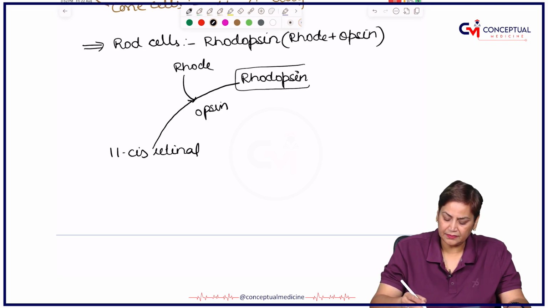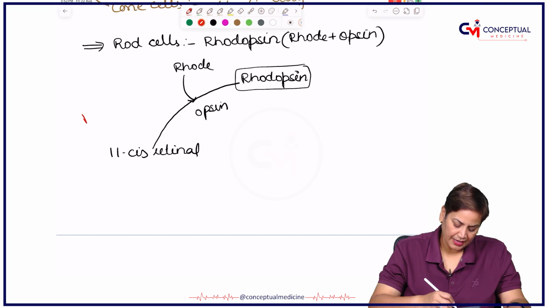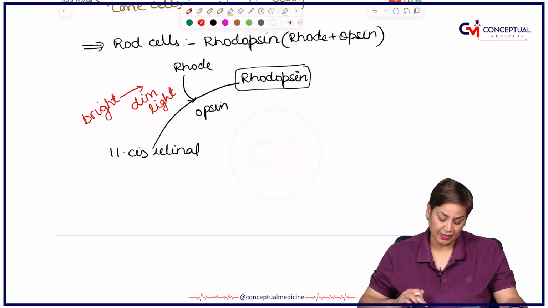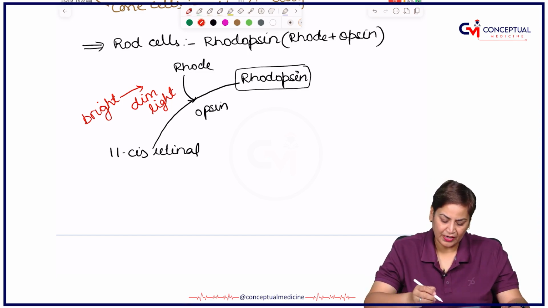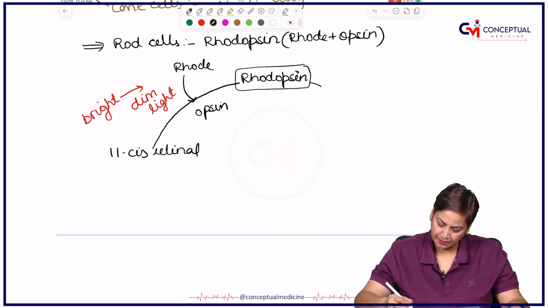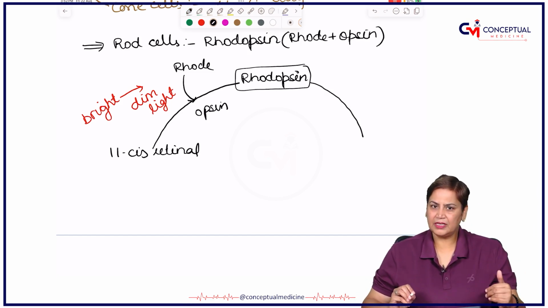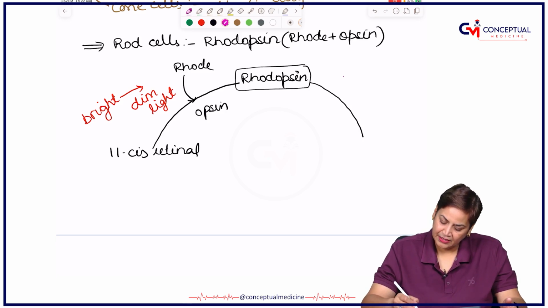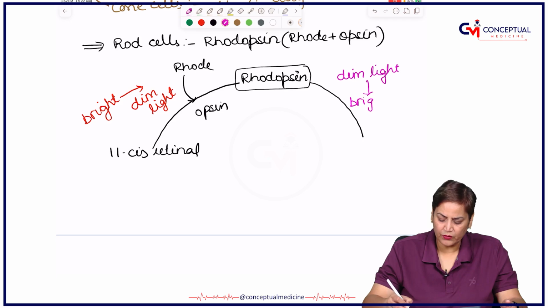So from bright to dim light, this rhodopsin is generated. Now the function is over. The person comes out, so we are entering from the dim light to the bright light. Now the function of rhodopsin is over. That means it has to cleave.